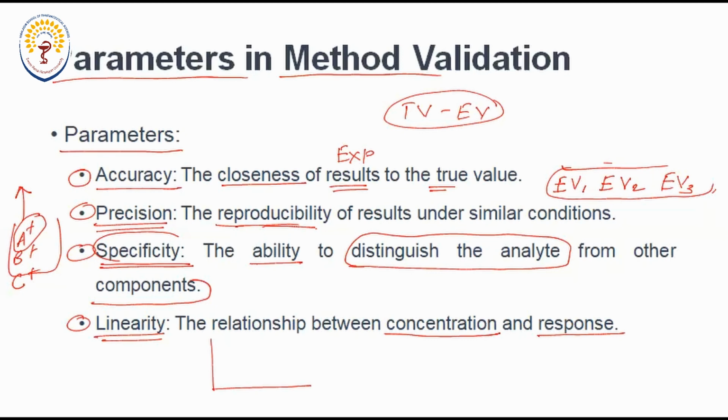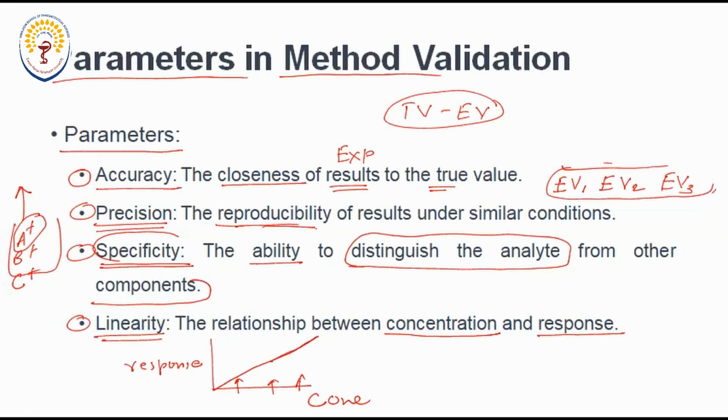Let us understand that the x-axis tells us concentration, and the y-axis tells the response of an instrument. Now we expect that as the concentration increases, the response increases linearly. It has to be linear.